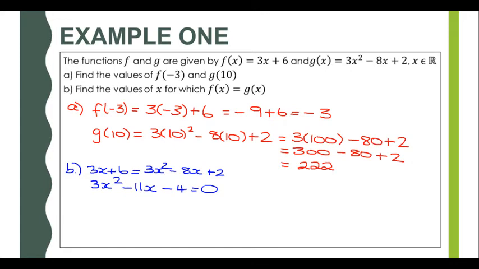We can now factorise this. So we get 3x and x equals 0, which gives us x equals minus a third and x equals 4.